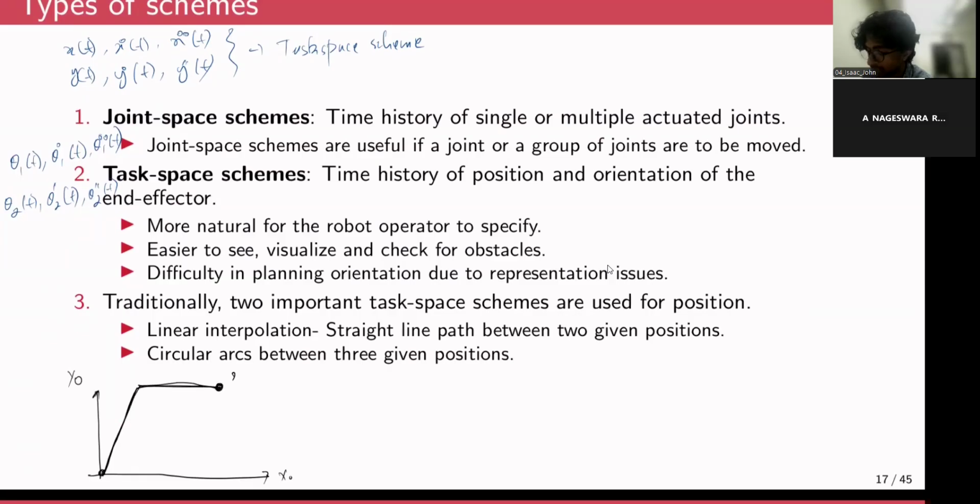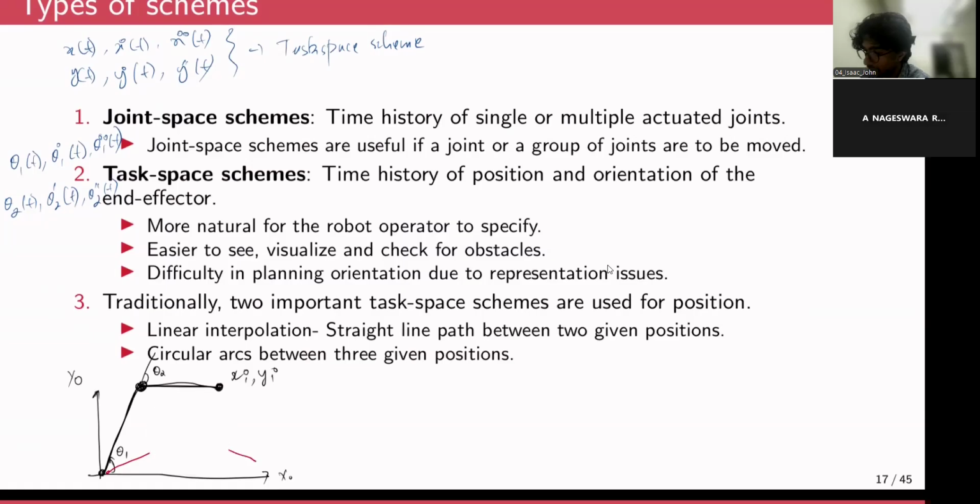I'll label this as Xi and Yi. And your initial joint variables would be theta 1 and theta 2. And you want your RR manipulator to move to a final position, maybe something like this.